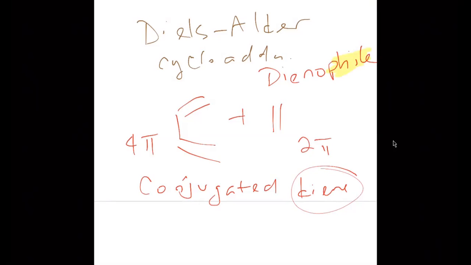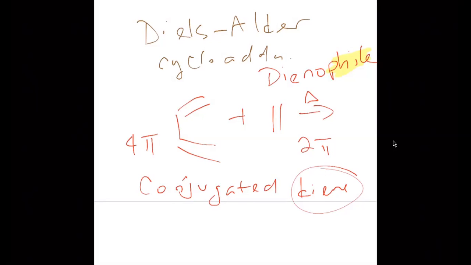So you have a 4 pi system, you have a 2 pi system, and then when you heat them up together, right, what you get out of a 4 + 2 cycloaddition always is a 6-member cyclohexene, right? A 6-member ring that contains a double bond. So I'm gonna write that.